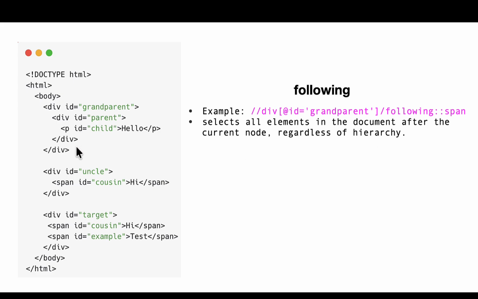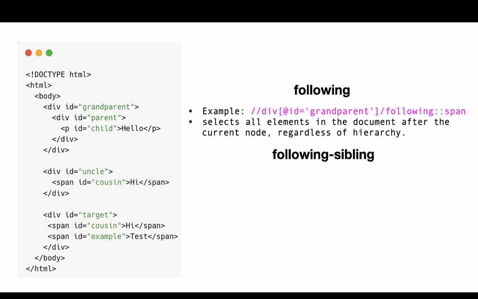It will go to another family also. Okay, so if I take the example here, I'm checking grandparent. In the current family there is no span, but in the other two families, uncle family and target family, we found two spans, which are down from grandparent, right? And it selected that. Okay, so this is the difference.